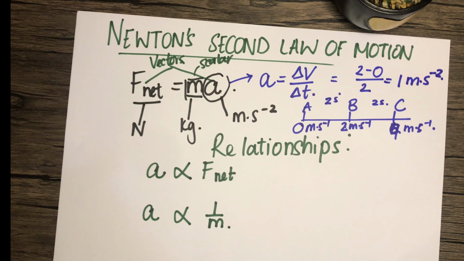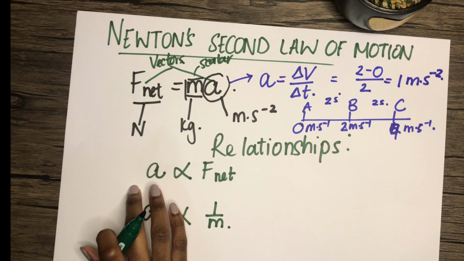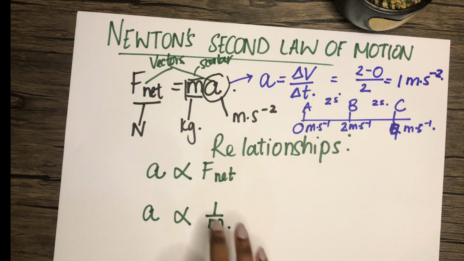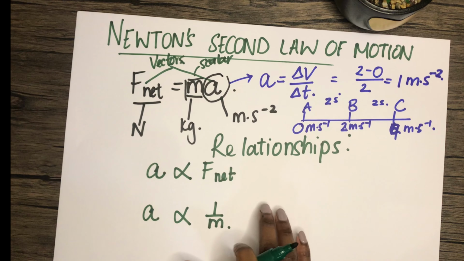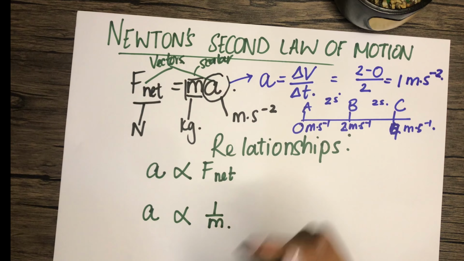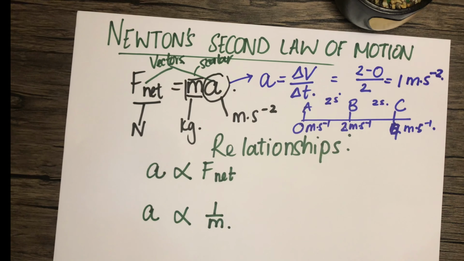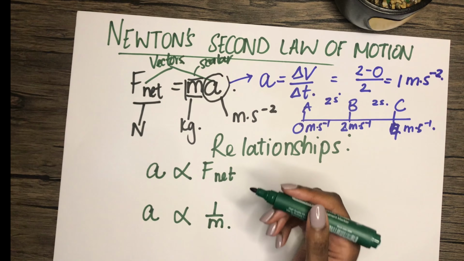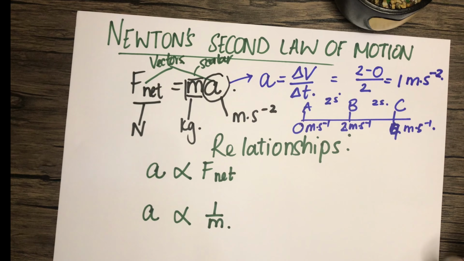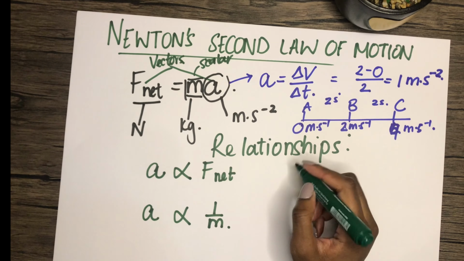Right? So that means that when I'm looking at this relationship, acceleration is directly proportional to net force, then I can come up with some graphs. Usually when we're testing your understanding of relationships, we use graphs.